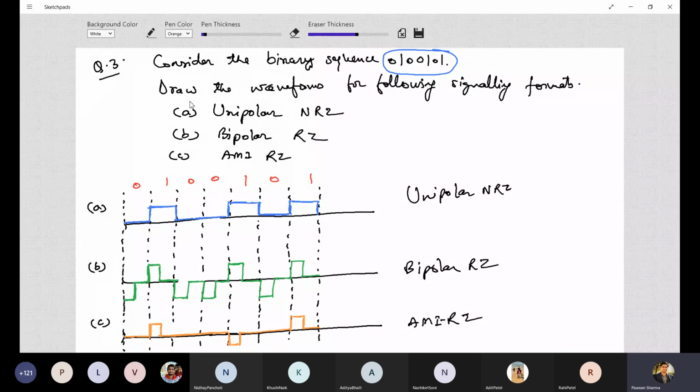You just input the binary sequence and they will generate the line code graph for you. You can first draw your own interpretation of the binary sequence in the signaling format, and then compare with the results. It will give you practice and save time when you are evaluated. I'll try to share those links with you so you can have a look.